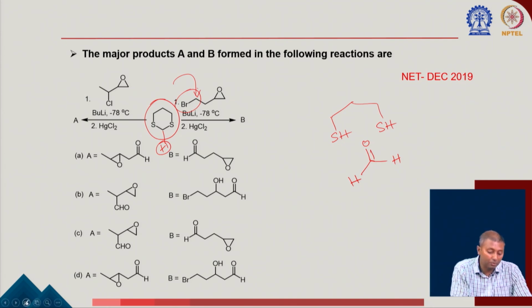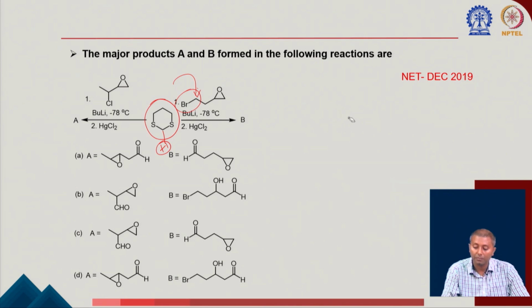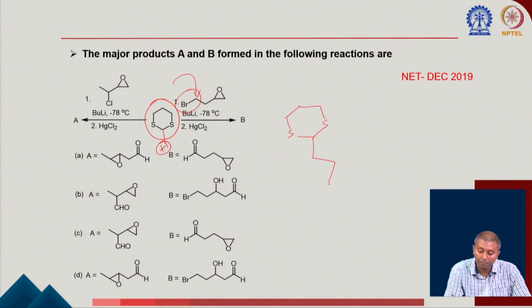So let me try to use an eraser. Let's try to see the product going to form. So what is going to happen? It is going to take part in the SN2 reaction, and then they are treating with AgCl2.